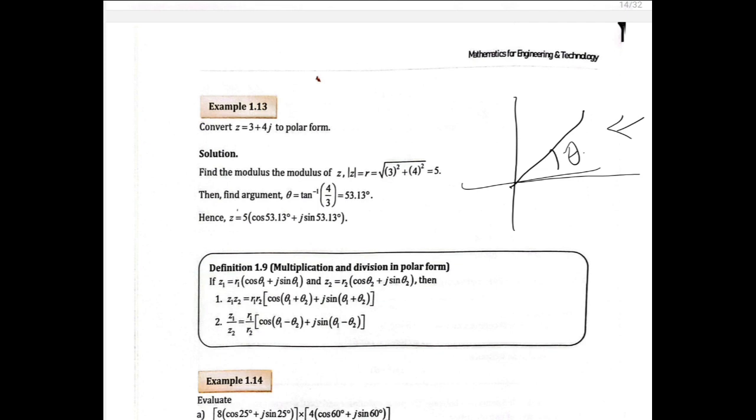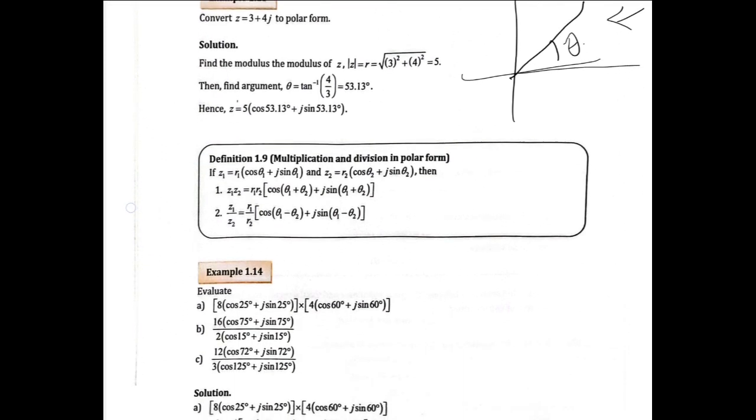Now let's see why polar form is so useful. Look at definition 1.9. If two complex numbers are written as Z1 like this and Z2 like this, both in polar forms, then multiplication and division become super easy.